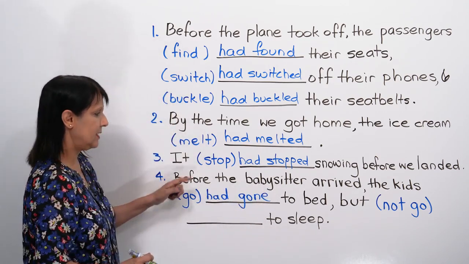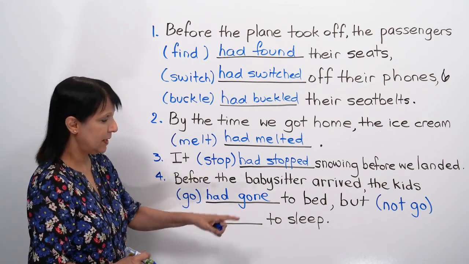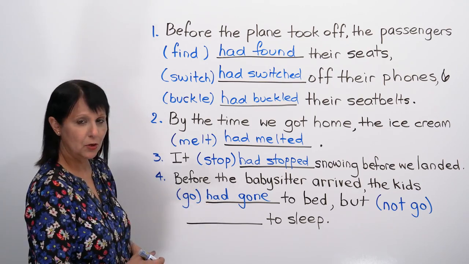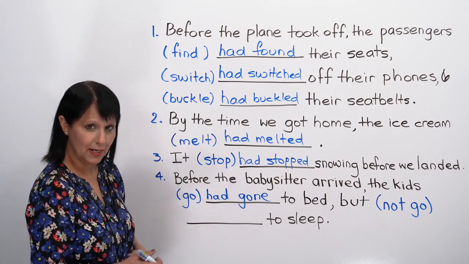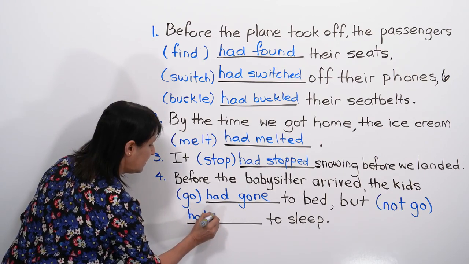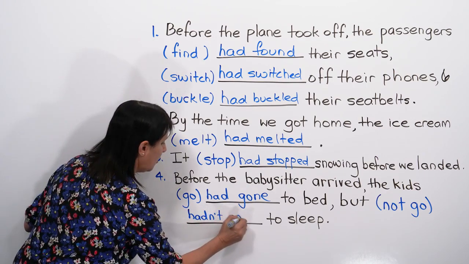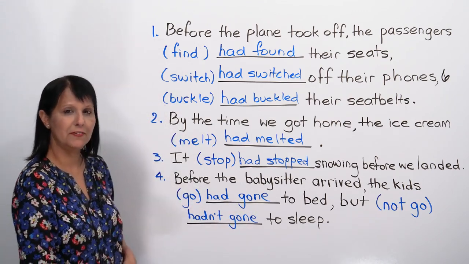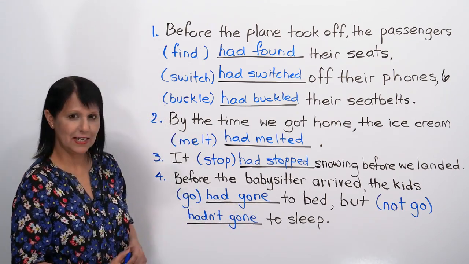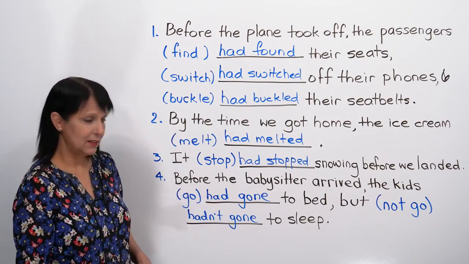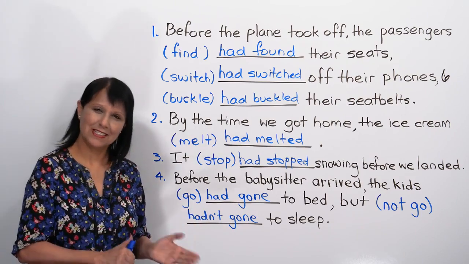Very good. The kids had gone to bed, but not go. Make it negative now. So instead of had go, the kids had gone to bed, but hadn't gone to sleep. Okay? So here we have the positive version and we have the negative one. Let's say it again. Before the babysitter arrived, the kids had gone to bed, but hadn't gone to sleep.